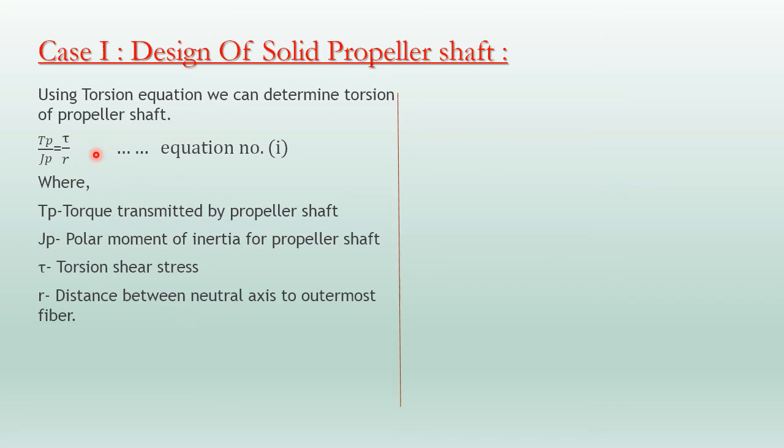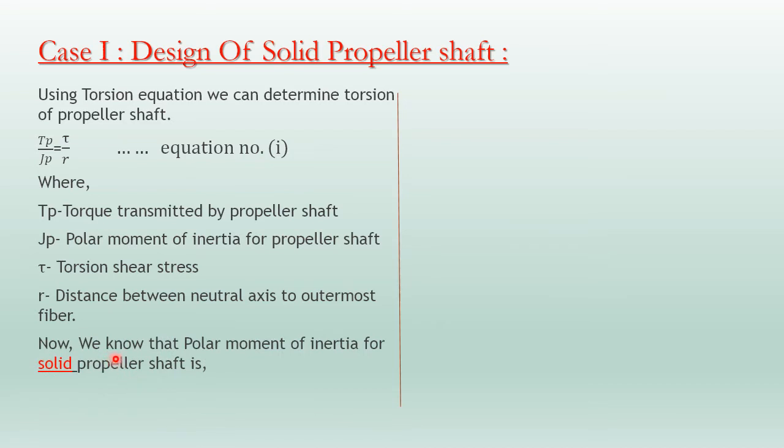So try to recall this equation. You already learned this equation in strength of material subject. T by J equal to tau by R. Now put down this equation as number 1.